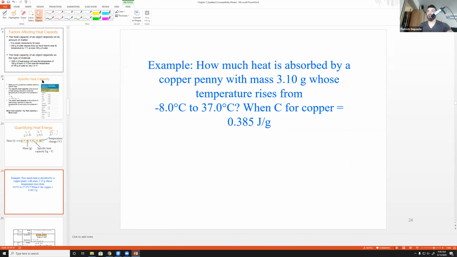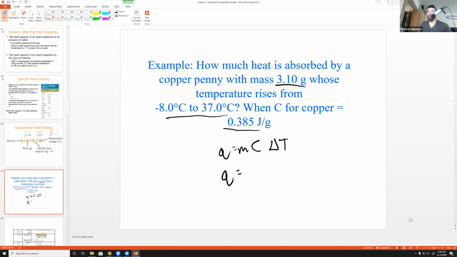Okay, let's do this example. How much heat is absorbed by a copper penny with a mass of 3.1 grams, whose temperature rises from -8 to 37 when C for copper is 0.385 joules per gram. Okay, so Q equals m c delta T, and let's just solve.